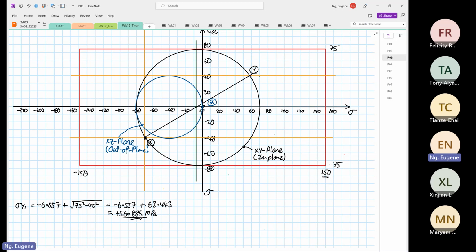This one is your XZ plane, and this is your out of plane.